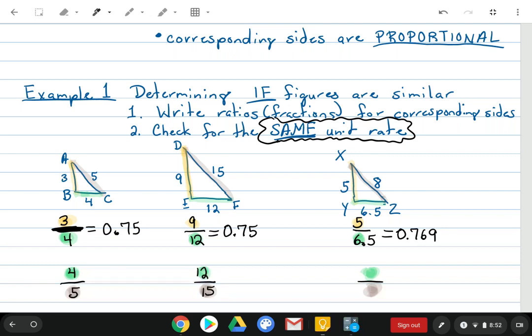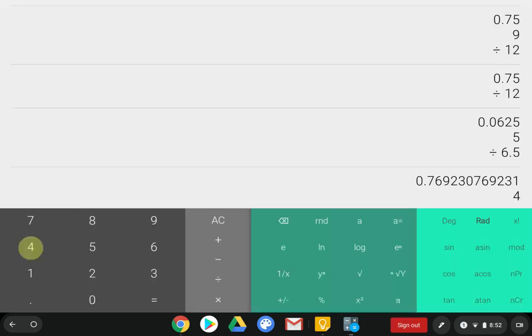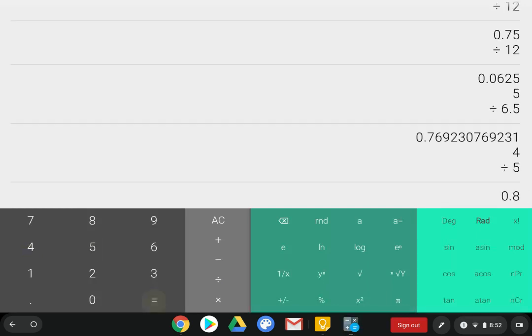And for triangle XYZ, I am writing the fraction of 6.5 over 8. Now I need to do some division. So let's check 4 divided by 5. 4 divided by 5 is 0.8.